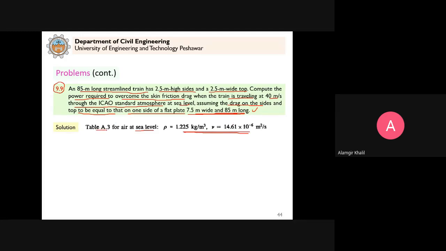Now for sea level, you can take the properties of air from table A3, and then the Reynolds number R is equal to LV by nu, which is 2.33 times 10 to the power 8. It is greater than 500,000, so we have turbulent flow.